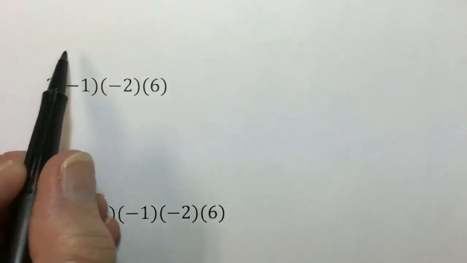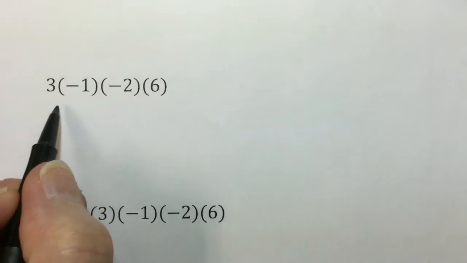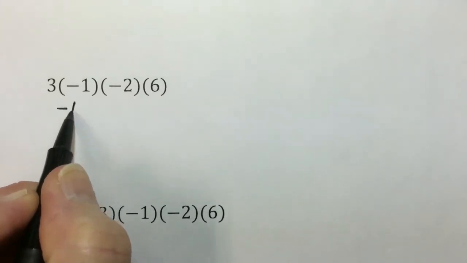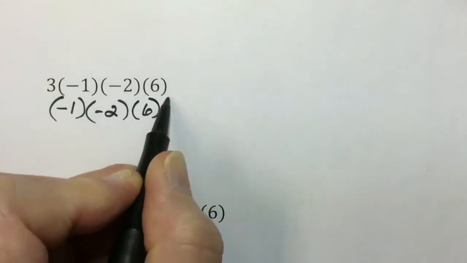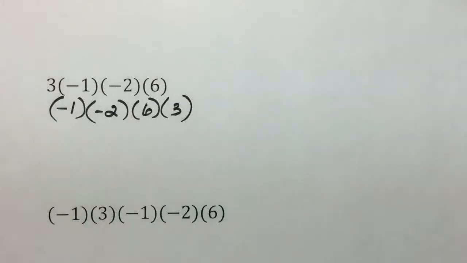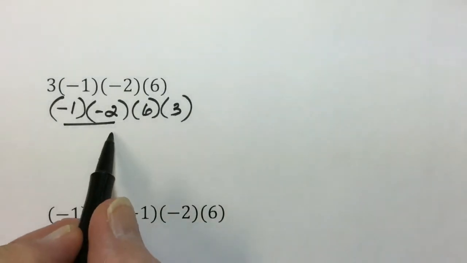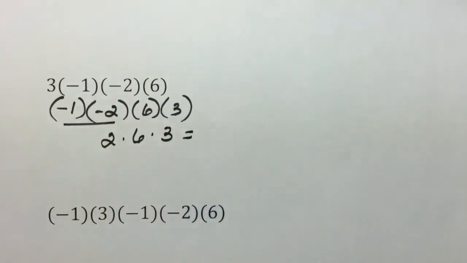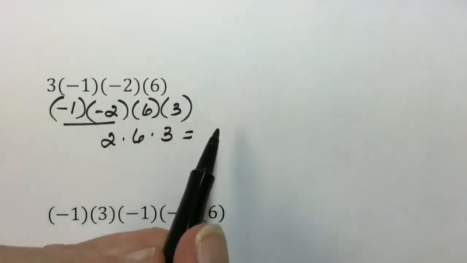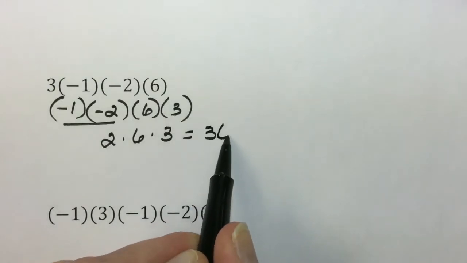If we move the positive 3 to the end, we would have negative 1 times negative 2 times the 6 times the 3. Commutative property allows us to do that. Multiplying here then, the two negative numbers gives us a positive, and now we have 3 positive numbers together, which will clearly be positive, and the result being 36.